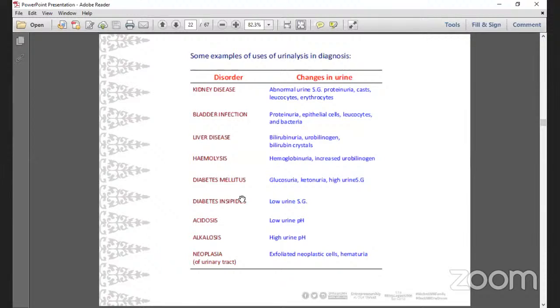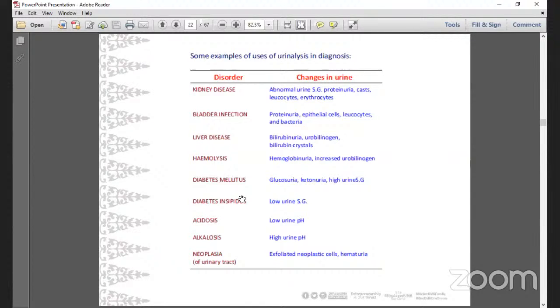Okay. For bladder infection, cystitis, inflammation of the urinary bladder, there will be proteinuria, presence of epithelial cells, leukocytes, and also bacteria. And in case of liver disease, we can see changes in the urine.